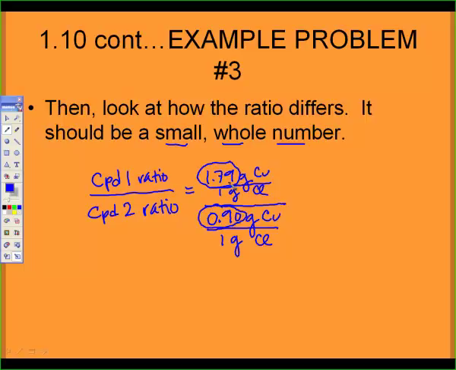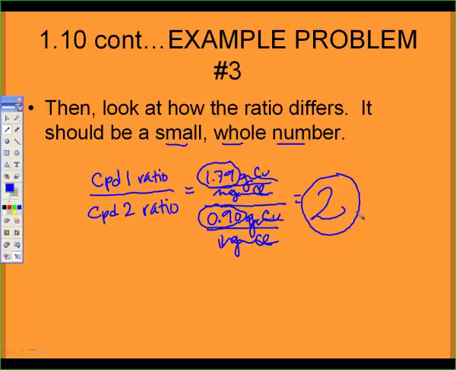So we're essentially dividing 1.79 by 0.90. Punch that in your calculator, you pretty much get 2 on the dot. So the ratio of copper to chlorine in compound 1 is twice as much as the ratio of copper to chlorine in compound 2. 2 times.